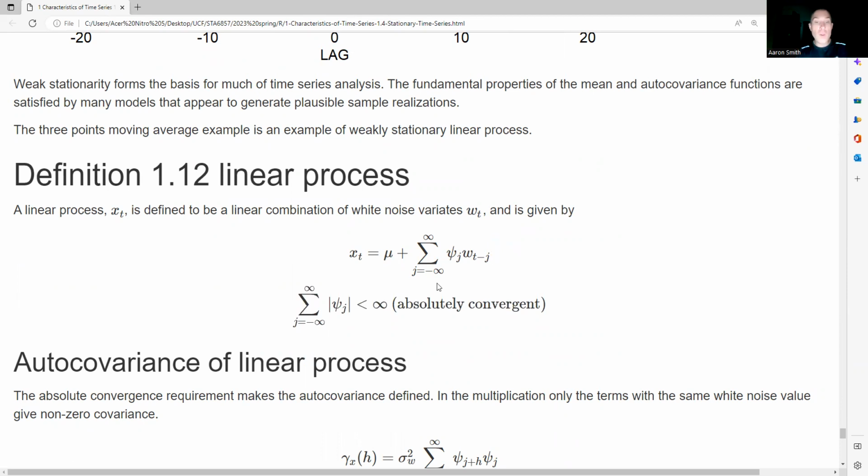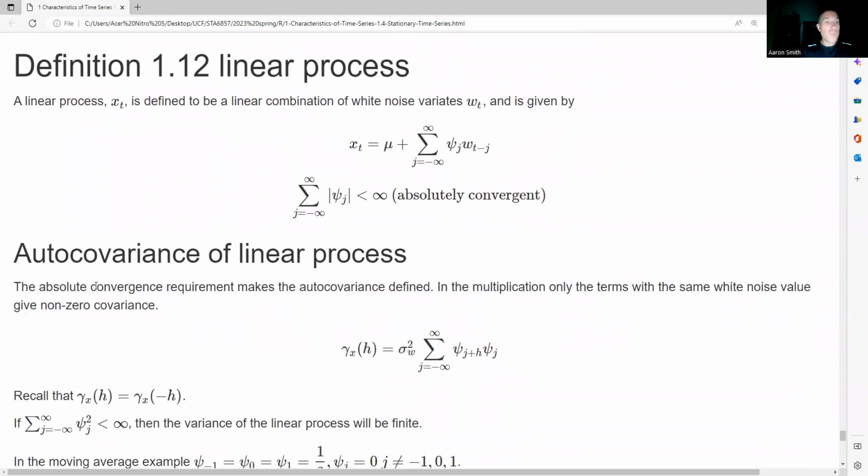To make sure that other math works out, we're going to say that the coefficients are absolutely convergent as a series. Something a little different from the standard calculus curriculum is that this series goes in both directions, from negative infinity to positive infinity, instead of just from 0 to infinity.